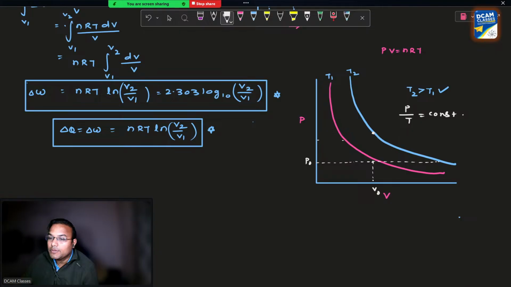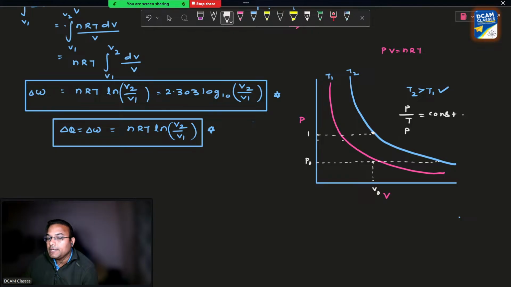So for the same volume, for the blue graph, I'm getting the higher pressure. For the lower graph, I'm getting the lower pressure. So that means, to make P by T constant for the same volume, if pressure is higher, temperature has to be higher.